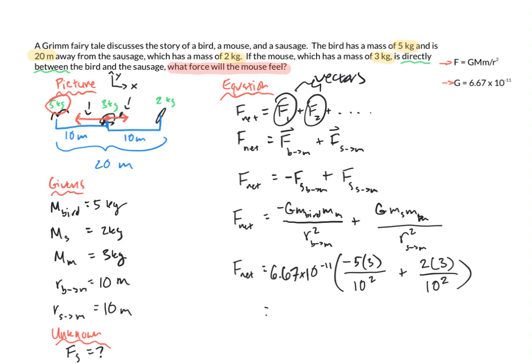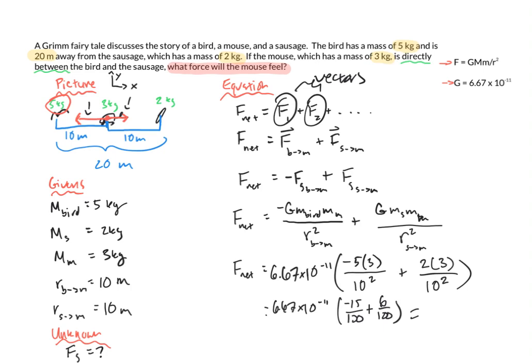And what I am going to get is 6.67 times 10 to the negative 11th times negative 15 over 100 plus 6 over 100.